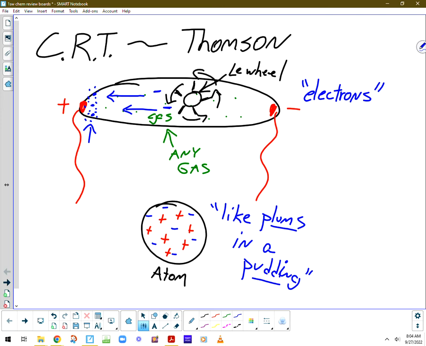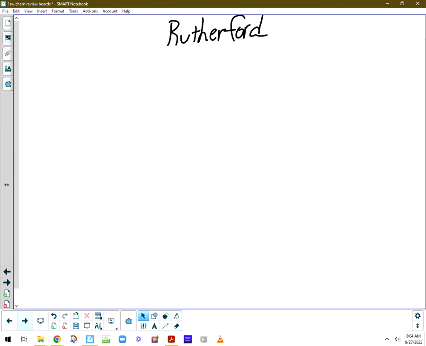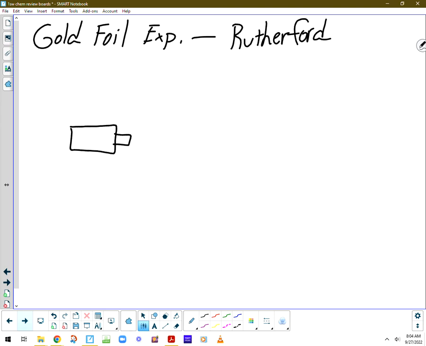Now Rutherford came along not too long after that, and he set up a test to see if this was a thing. We call it the gold foil experiment. He set up an apparatus where he had basically a little cannon that was shooting alpha particles, the Greek letter alpha.